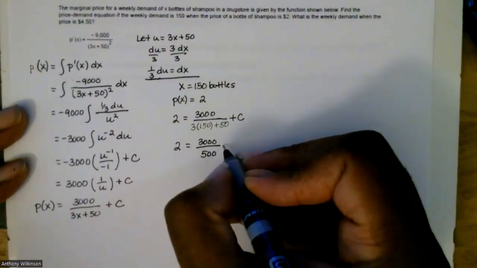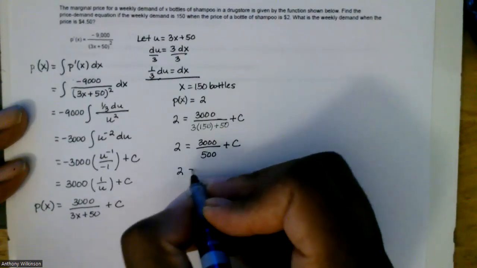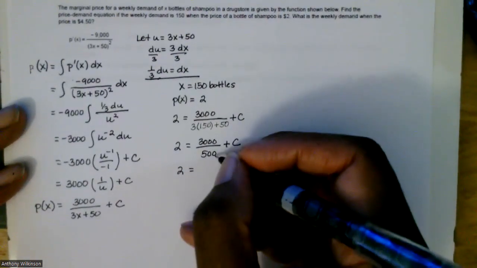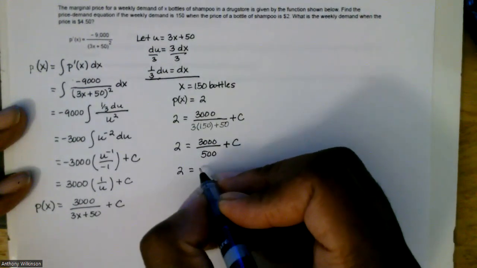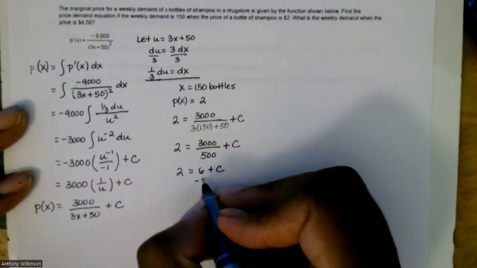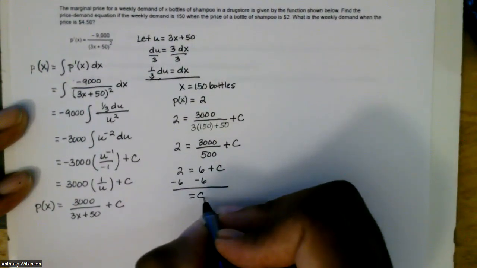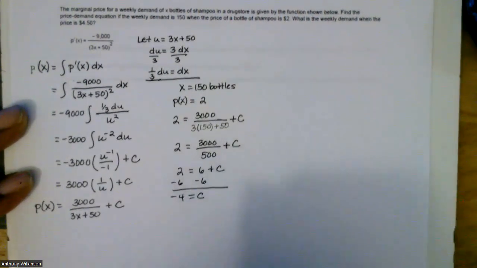So I have 3,000 over 500 and then plus C. So 2 is equal to 3,000 divided by 500, which is 6. So it'll be 2 is equal to 6 plus C. Subtract 6, and you'll get C equal to negative 4.